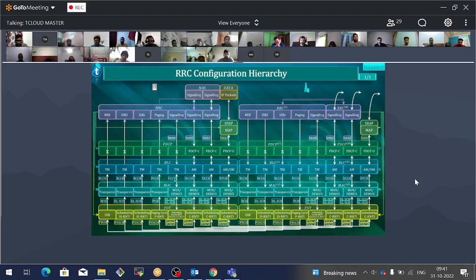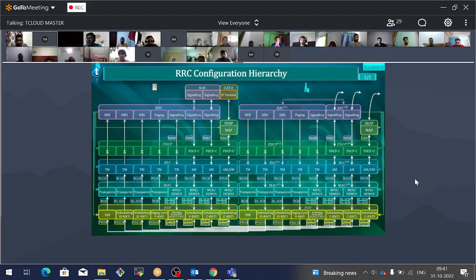Now, at this particular stage, what exactly should be the mode in which RLC should work? What are the MAC level related details? If MAC is doing some kind of logical channel prioritization, etc., what are the logical channel related information? This is what we call the default configuration.